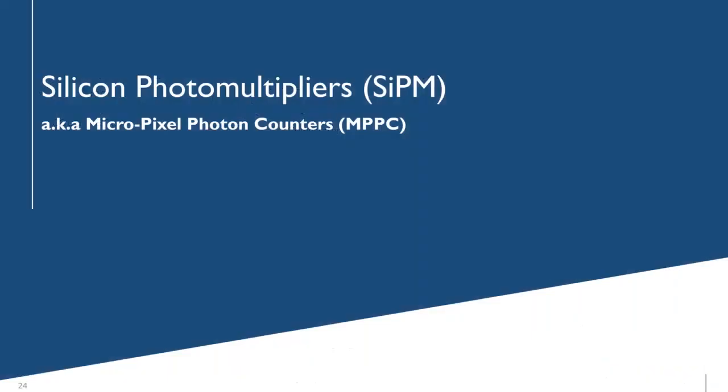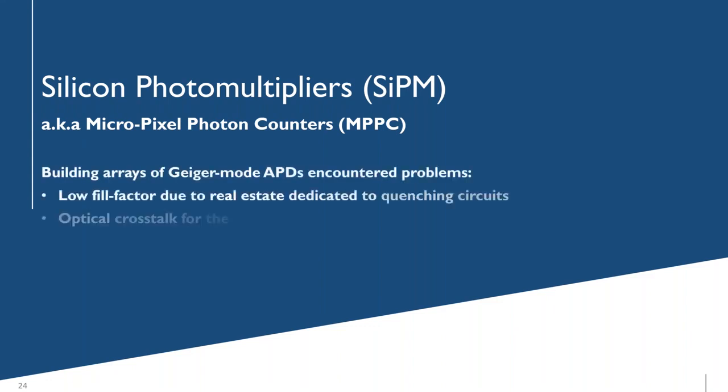It always looked very attractive to build an array of Geiger mode APDs. While designing arrays using separate APD chips was successful, such arrays had at least one serious drawback related to the rather large real estate consumed by the quenching control circuits. Placing an array of Geiger mode APDs on a single chip immediately revealed another problem: optical crosstalk between the elements of the array that made such arrays useless.